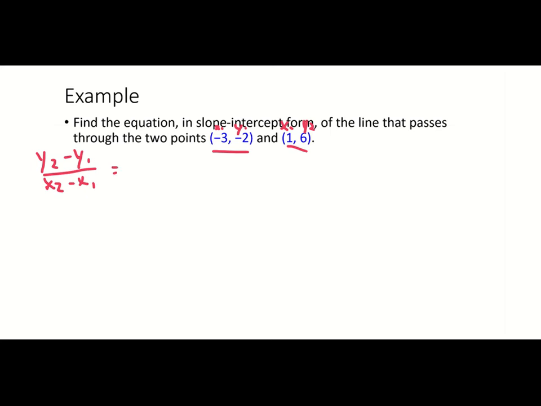My slope here, though, I'm going to do 6 minus -2 over 1 minus -3. So that'll be plus the positive. That gives me 8 over 4. And then when I simplify that, 8 divided by 4 is 2. So that is my slope.